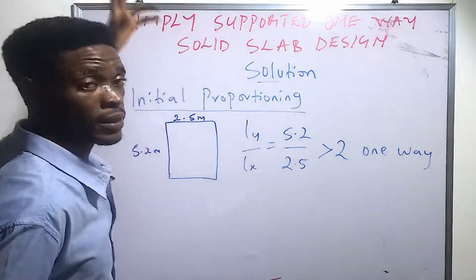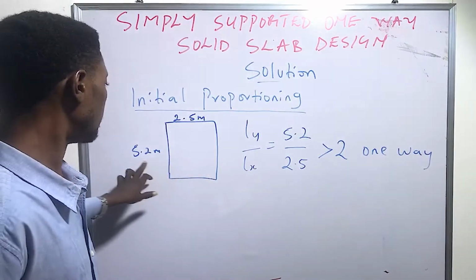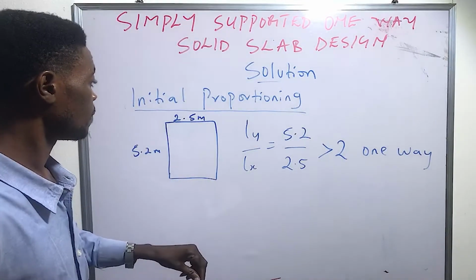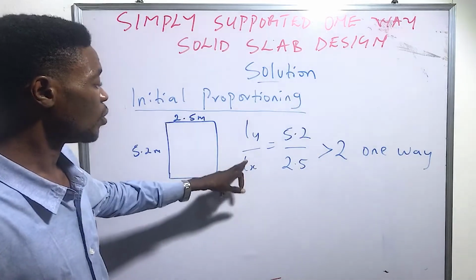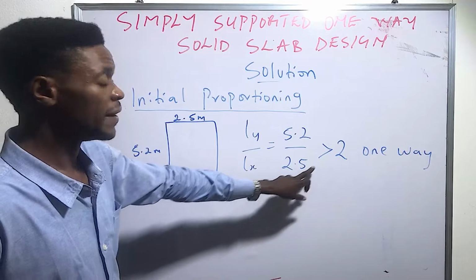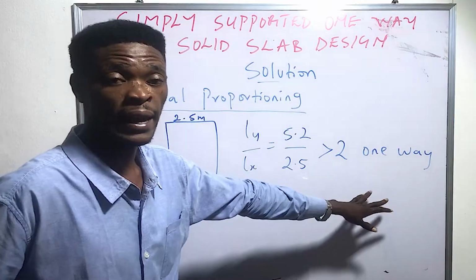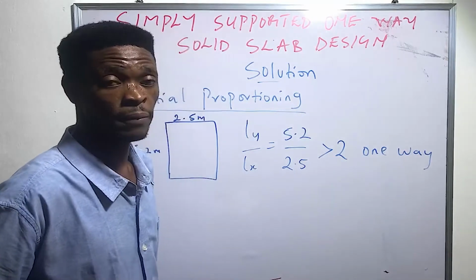So by looking at this, we are having 2.5 meters by 5.2 meters. Then we have to check the Ly over Lx ratio, which is 5.2 over 2.5 and is greater than 2. That means we have to design this slab as one way.